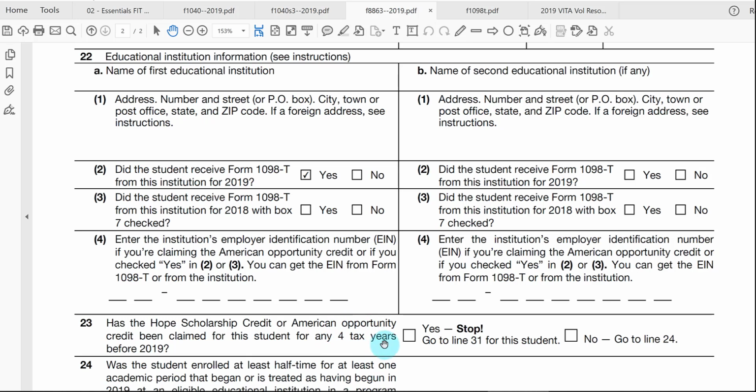This is the maximum number of years a student can be used to claim the American Opportunity credit. Like if you do the 2019 return, that would be 1 year claiming the student for the credit. Then the following year, 2020, 2021, 2022, that would be the maximum right there.